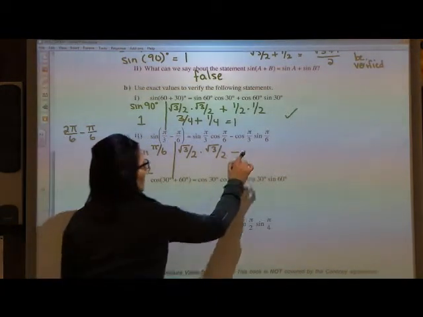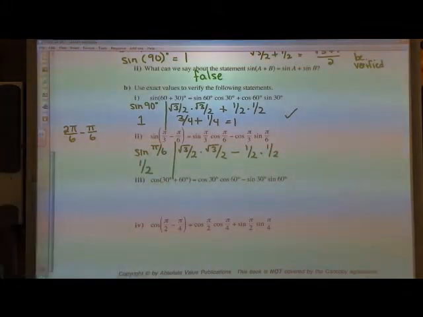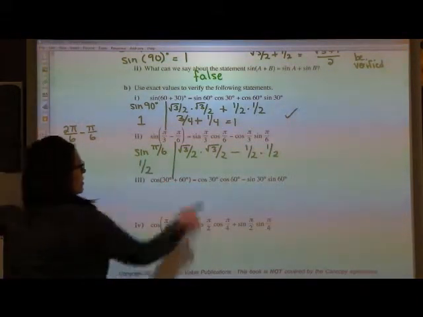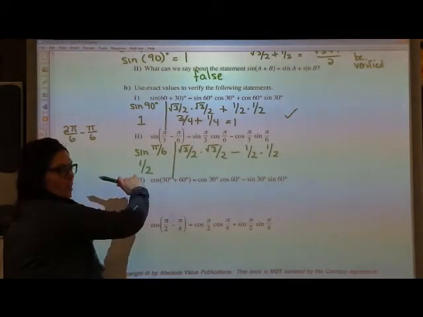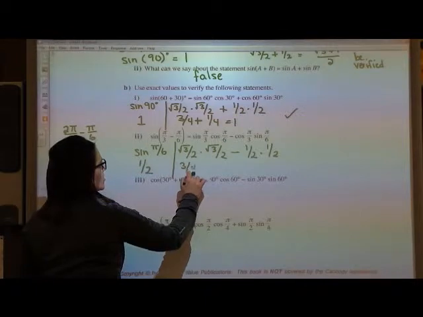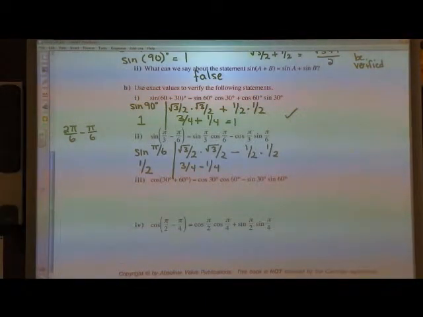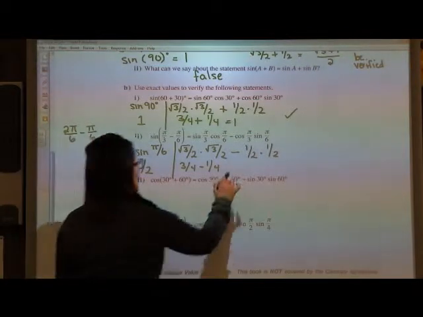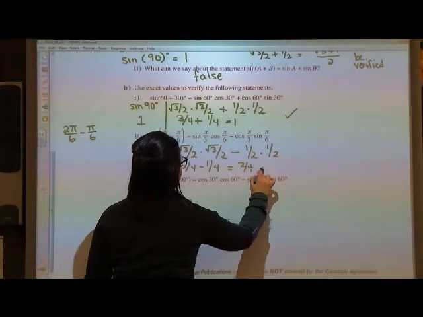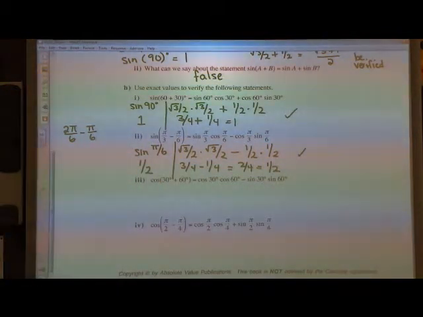Cos pi over 3 is 1/2, and sine pi over 6 is 1/2. It's almost the same as the equation above it, except now I'm subtracting. So I would get 3/4 minus 1/4, which equals 2/4, which reduces down to 1/2. So we've verified this statement. Not proven it, we've verified it.